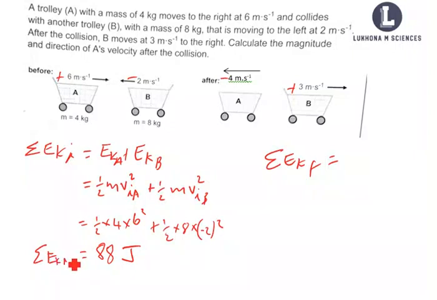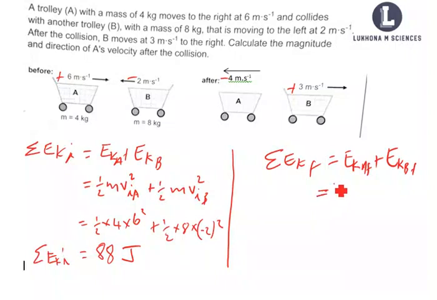Then we calculate the sum of the kinetic energy final, which means we have EK of A final plus EK of B final.